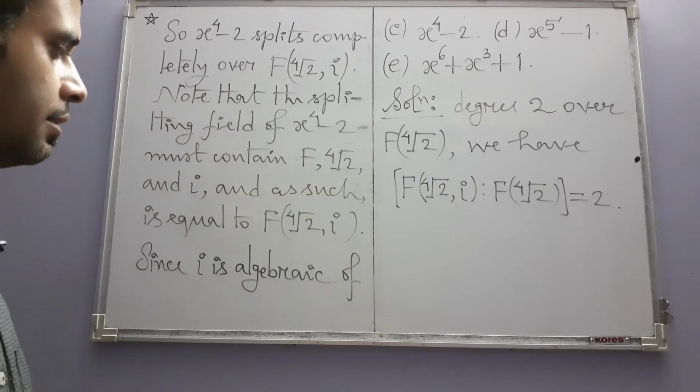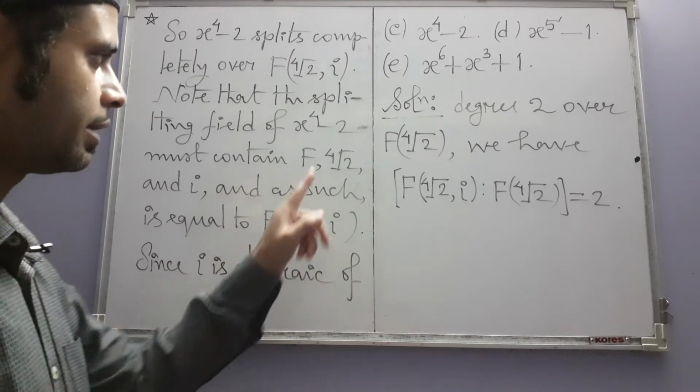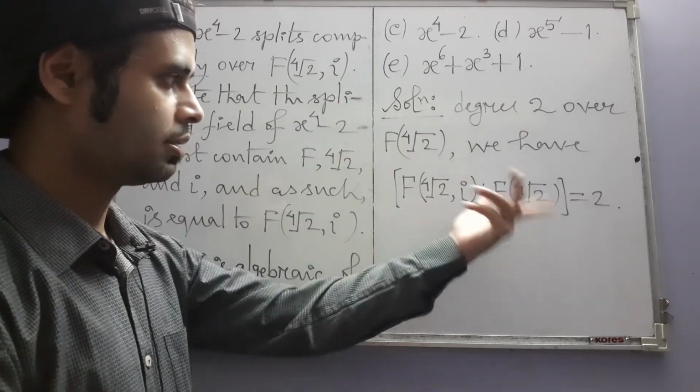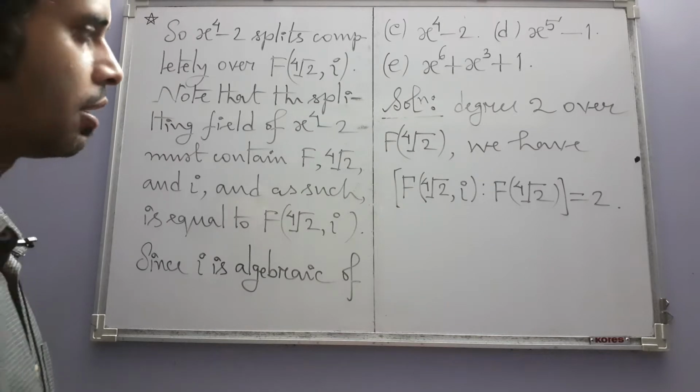We understand that if this is really the case, that i is algebraic of degree 2 over this field, then this is just 2 from our result.